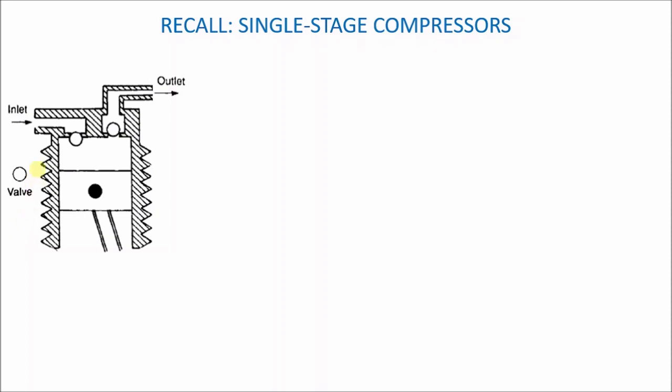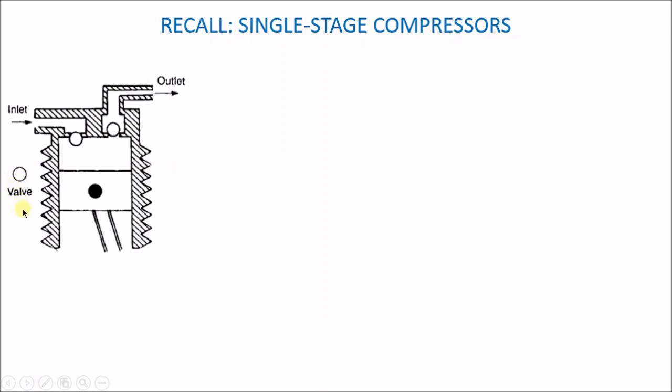And so let's look at this cylinder here, because this is a single stage compressor, so we only have one cylinder. What you see here is the casing of the cylinder, and inside of the cylinder you have the piston. On the left it's the inlet duct, on the right here is the outlet duct. These white circles that you see represent the valves of the cylinder.